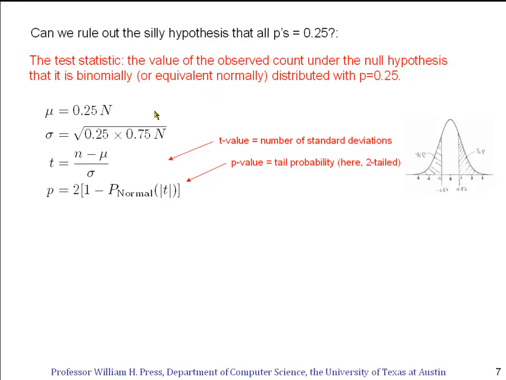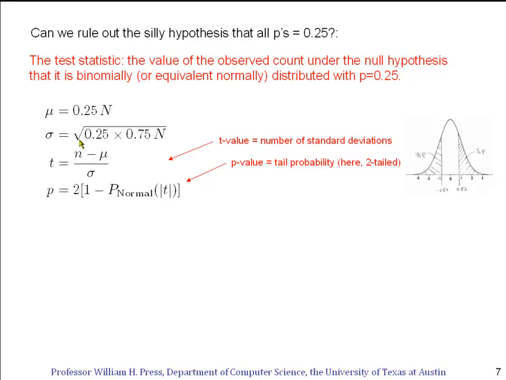The mean that we expect is 1/4 times the total number of base pairs. That is the 1.53 million. The standard deviation we expect is p times 1 minus p times the number of base pairs in the whole string, and to get standard deviation from variance, we take the square root.